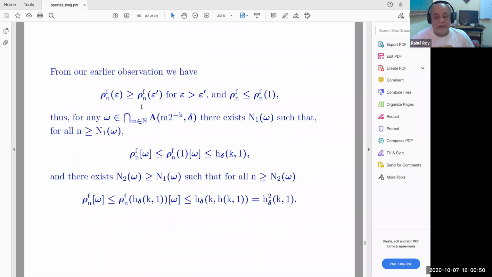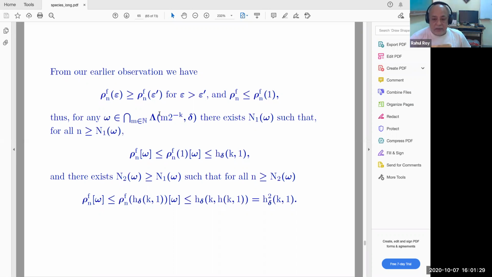From our earlier observations about the coupling, it was done such that for epsilon bigger than epsilon prime, the left had more with epsilon than with epsilon prime, so that the proportion would be more here. Remember, the depth doesn't have anything to do with epsilon. Also we noted that rho n s for the actual process is less than or equal to rho n f at 1.